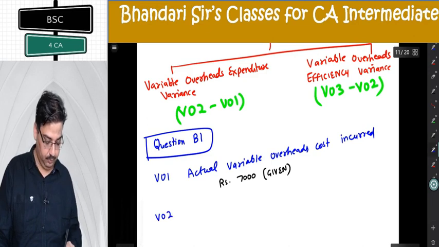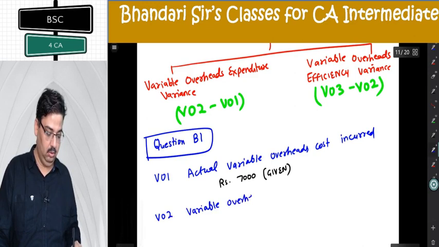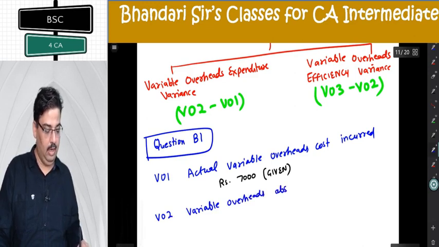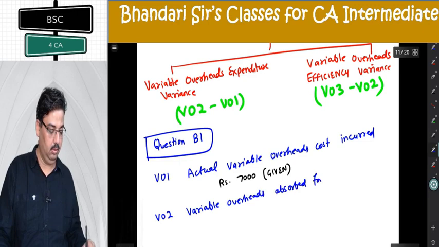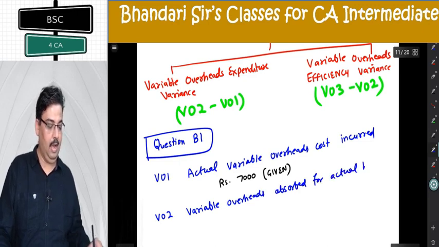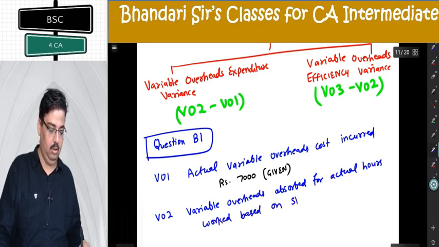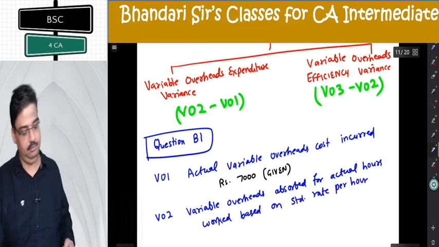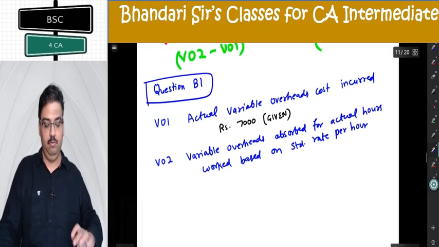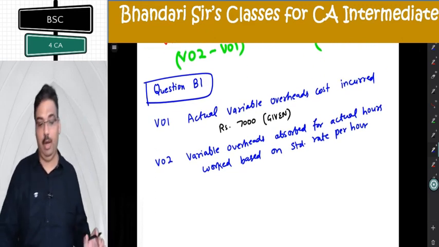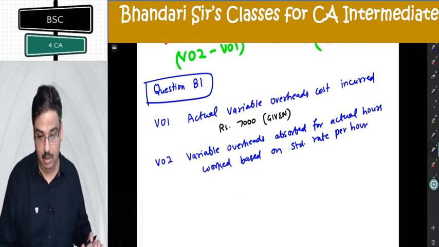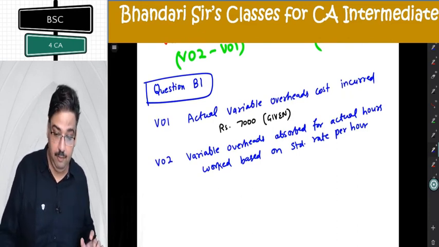VO2: variable overheads absorbed for actual hours worked based on standard rate per hour. You look at the question carefully.